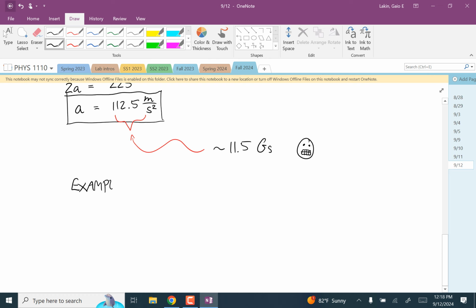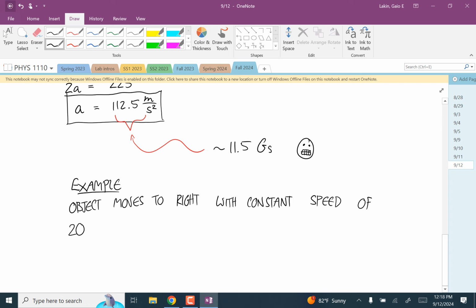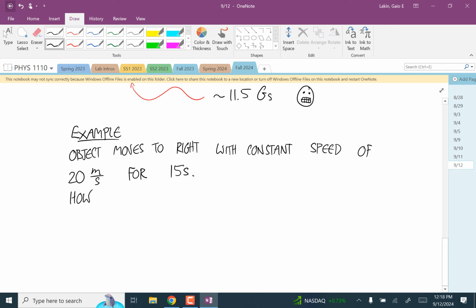For the next one, let's say that an object moves to the right with a constant speed of 20 meters per second for a total of 15 seconds. How far does the object travel?